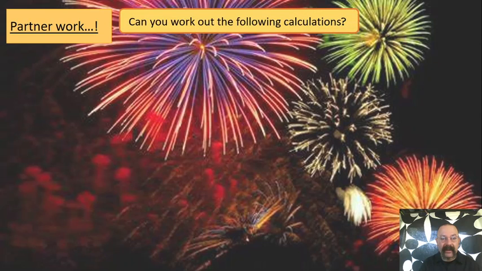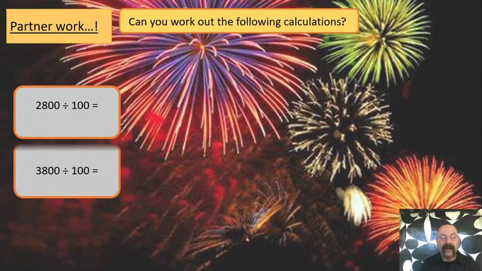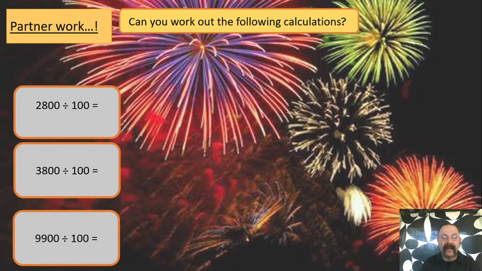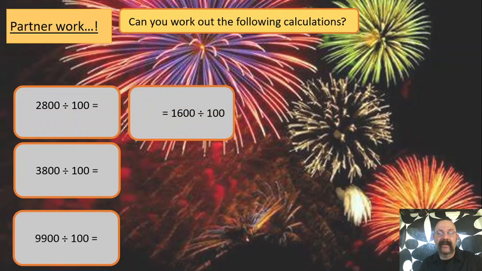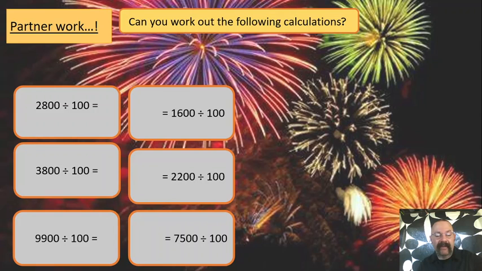Okay, so what I'd like you to do is have a go at working out the following calculations. So we've got 2,800 divided by 100, 3,800 divided by 100, 9,900 divided by 100, 1,600 divided by 100, 2,200 divided by 100, and 7,500 divided by 100.